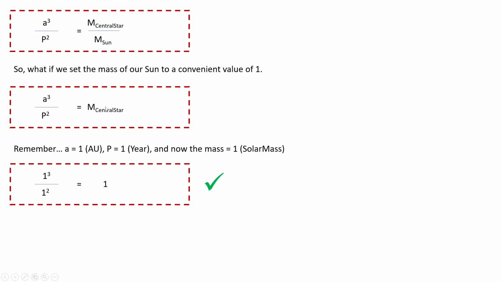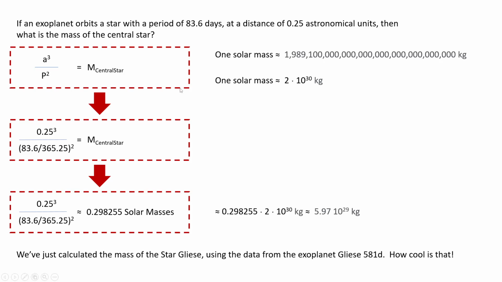I plug in 1 for the astronomical unit part, 1 for the years part, and 1 for the solar mass. Look at this. You get 1 cubed over 1 squared equals 1. Yes, 1 over 1 equals 1. That is true. Makes sense?